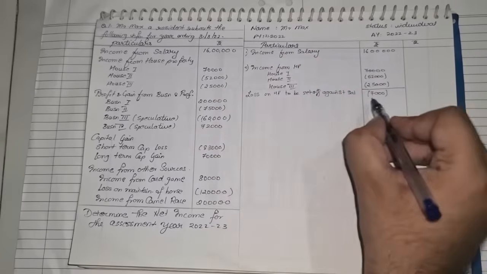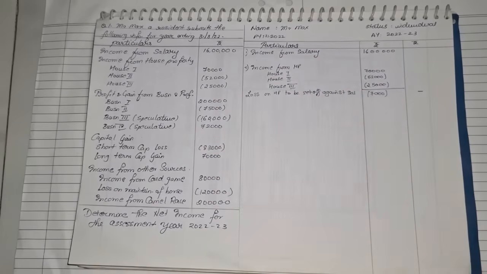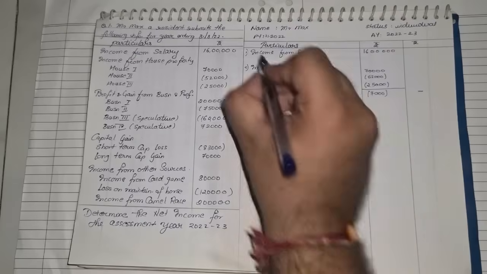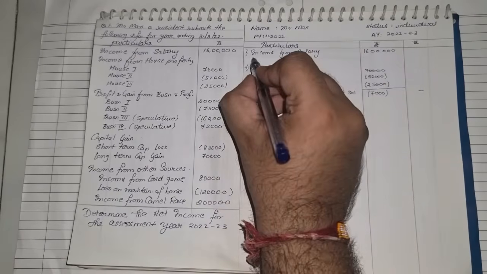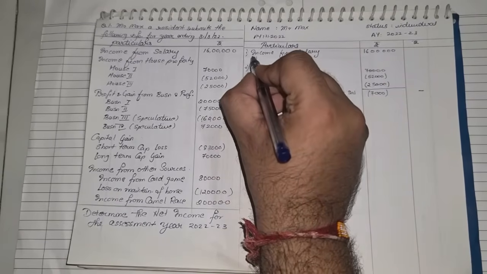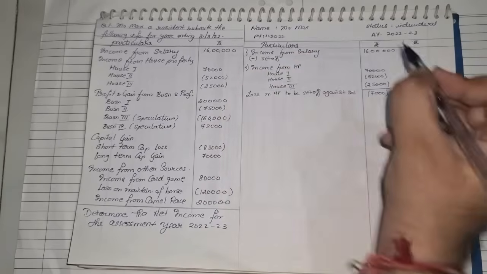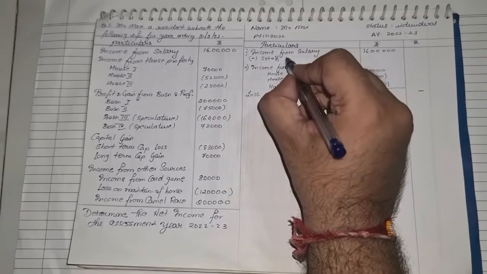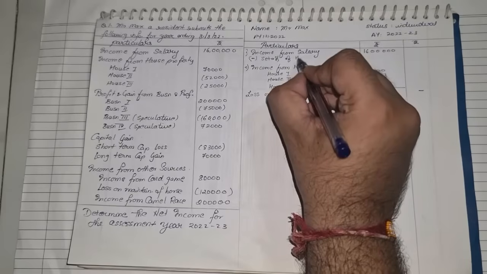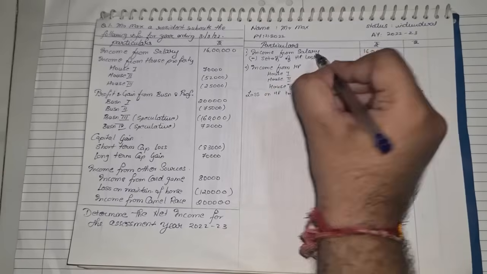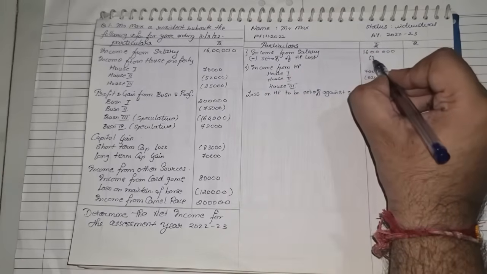So this is getting a set off. Now there is no income from house property, we have made it nil. This negative 7,000 I'll set it off with income from salary, so I'll write here less set off of house property loss, which is negative 7,000.